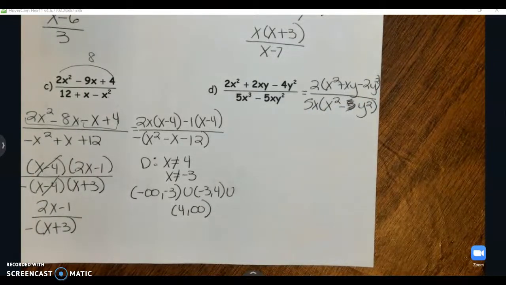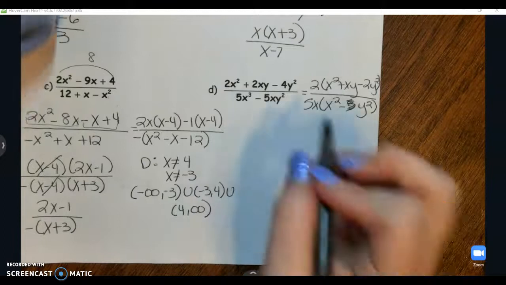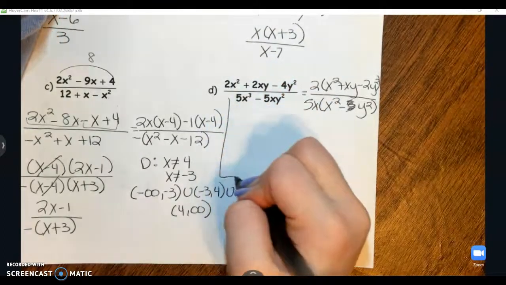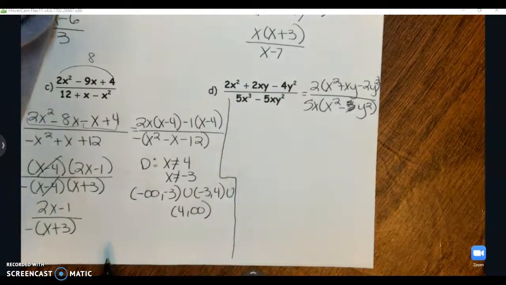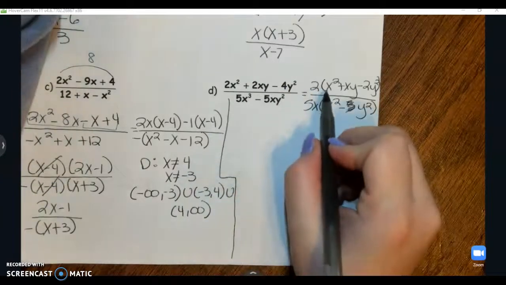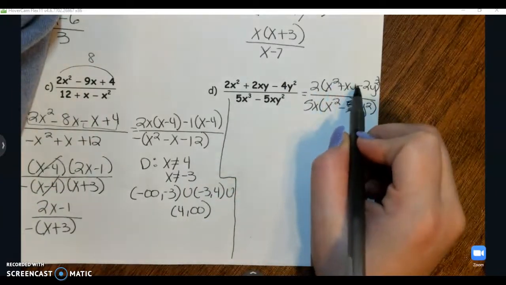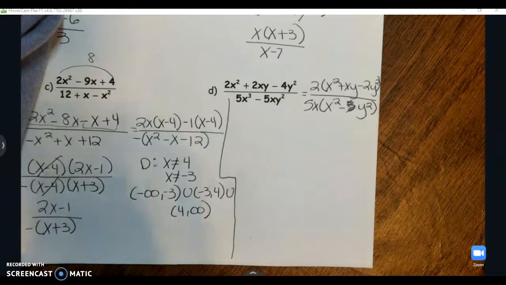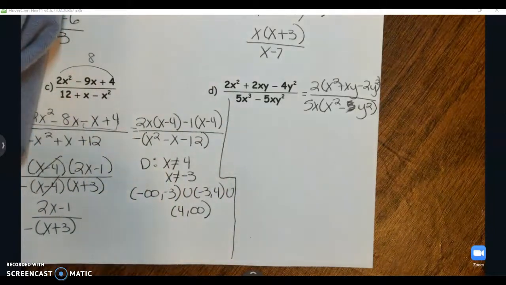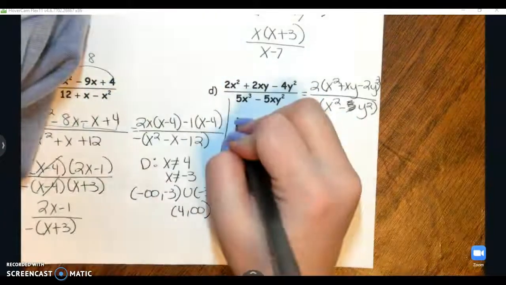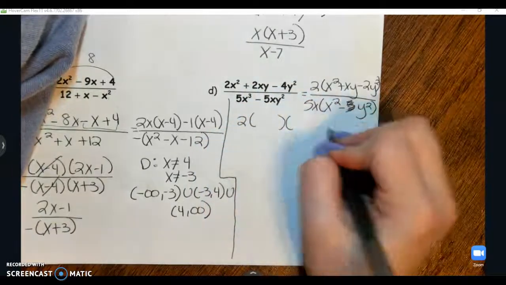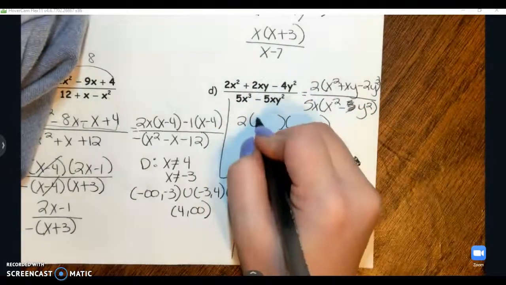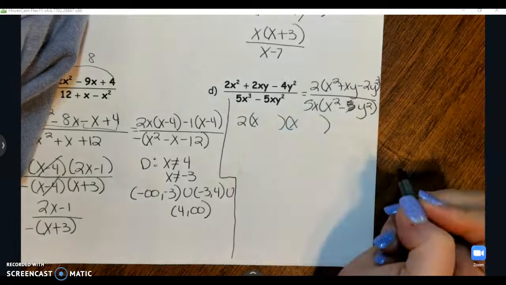Okay, so now factoring further, I'm going to draw a little division line here so you know I'm working on example D. In the top, x squared plus xy minus 2y squared. This one looks a little tricky off the bat. It is still going to be our double parentheses. X squared, I know that's going to be x times x.